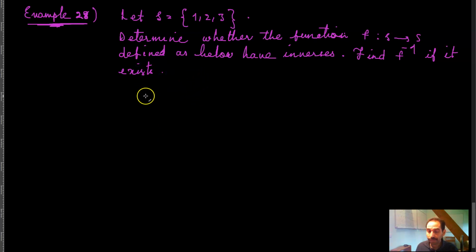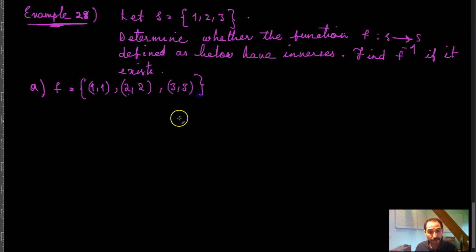Okay, so in the first case here, case A, S is the set {1, 2, 3}. F is a function from S to S, and you want to know if F has an inverse, if F is defined as, for example, the set (1, 1), (2, 2), (3, 3).